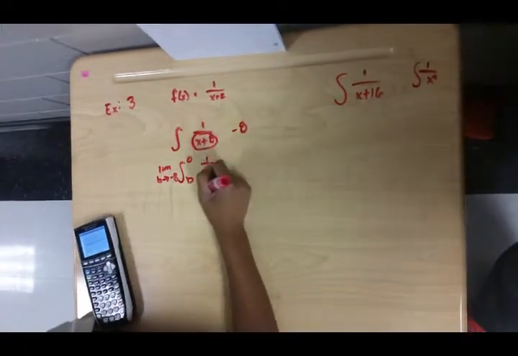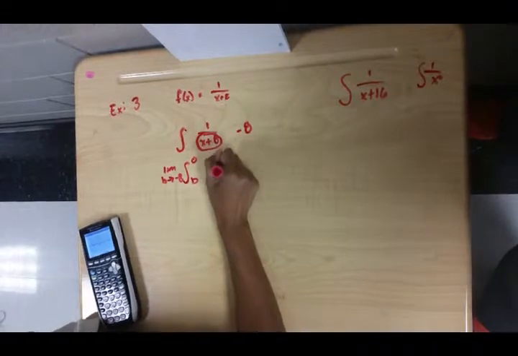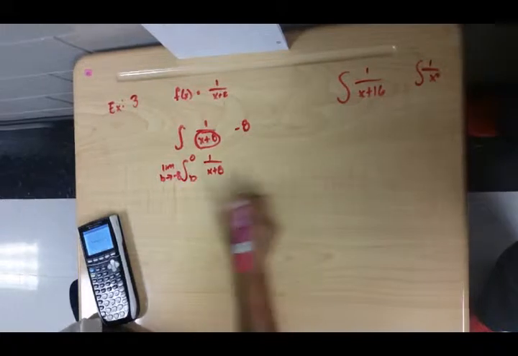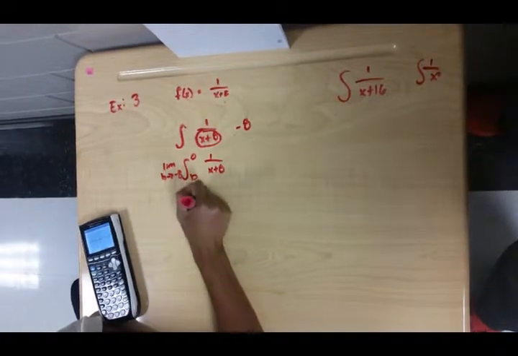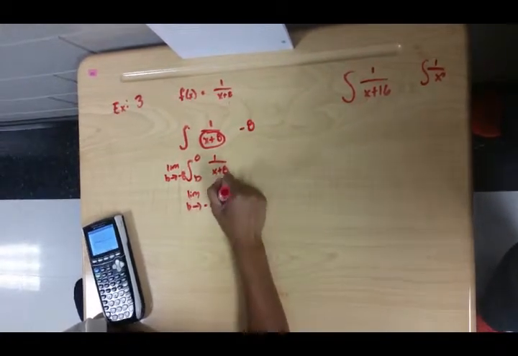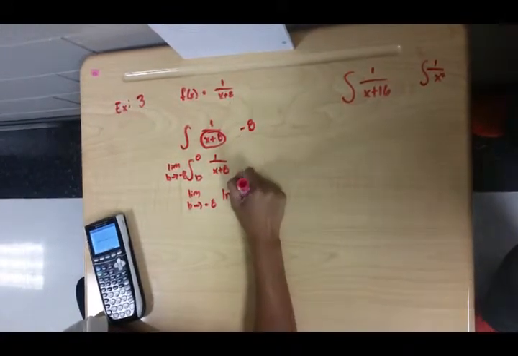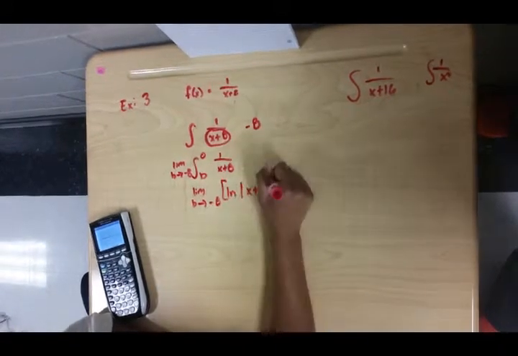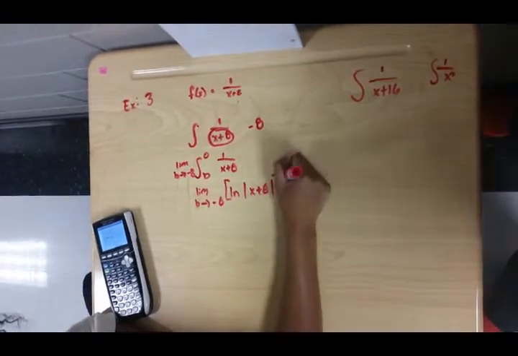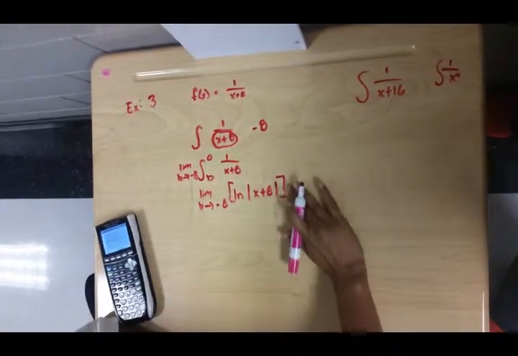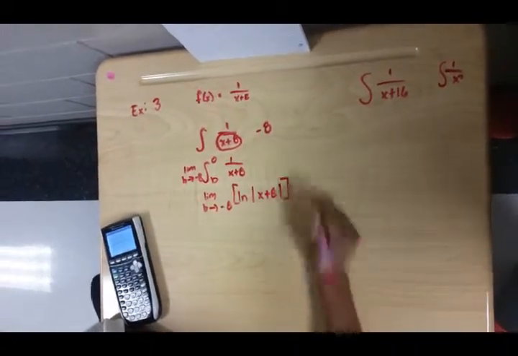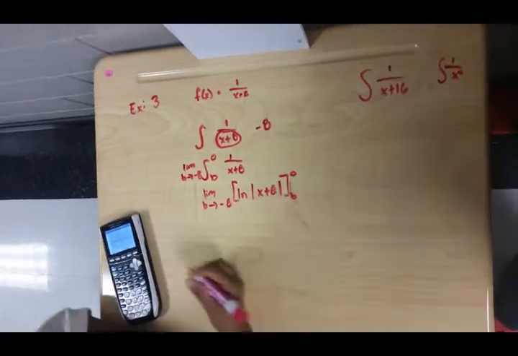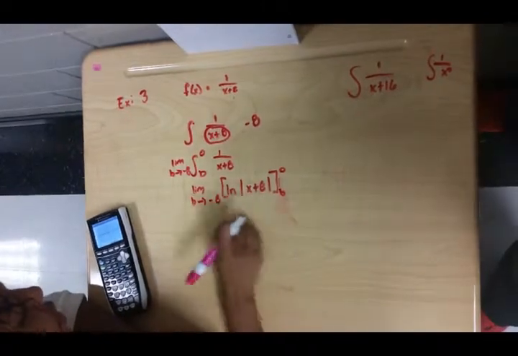And then it's of 1 over x plus 8. And then when you anti-derive that, it's the limit as b goes to negative 8 of the ln of the absolute value of x plus 8, from b to 0. And then when you continue, let's go ahead and plug these numbers in.